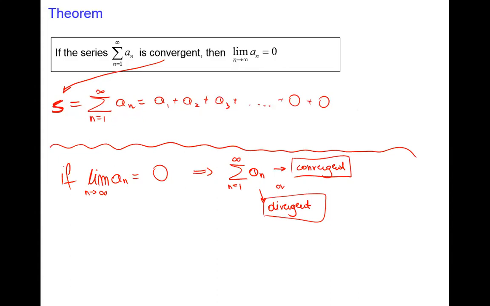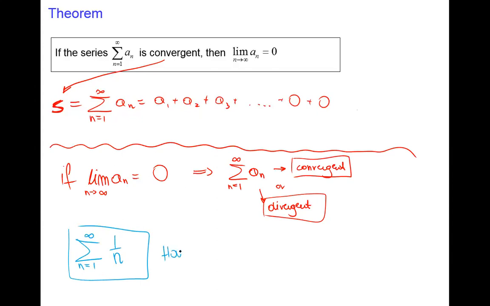Can you give me an example of a divergent series with the limit of the terms being 0? Do you think you can tell me? What about this one, from 1 to infinity, 1 over n? Do you recognize this one?